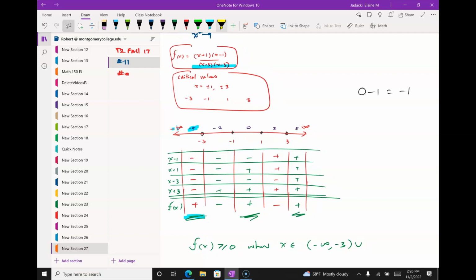What's my next interval here that I'm saying is good? Yes, and inclusive, because I can get to negative 1 and I can get to 1. So I'm using square brackets. When I can use it, I use square brackets. When I can't use it, I use open parens. Union, what? Yep, 3 to infinity, right?